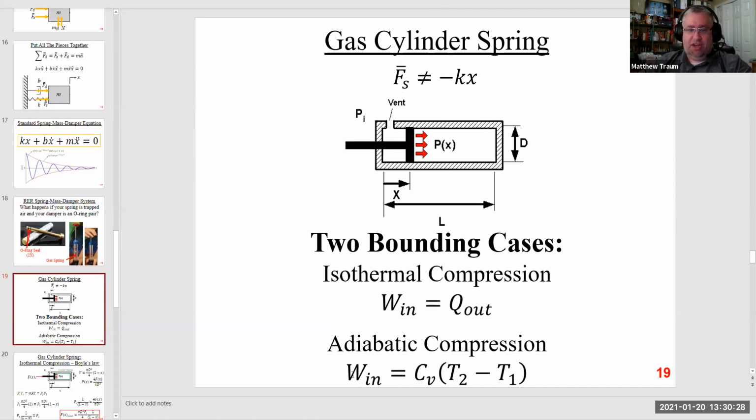So the first law is just going to be W_in equals C_V (T2 minus T1), where T1 is the initial temperature of the gas and T2 is the final temperature. And hopefully, if we've done the process fast enough to make it adiabatic, T2 is above the auto ignition temperature of that char cloth, and we actually do get a little ember on the char cloth as we're doing the compression.